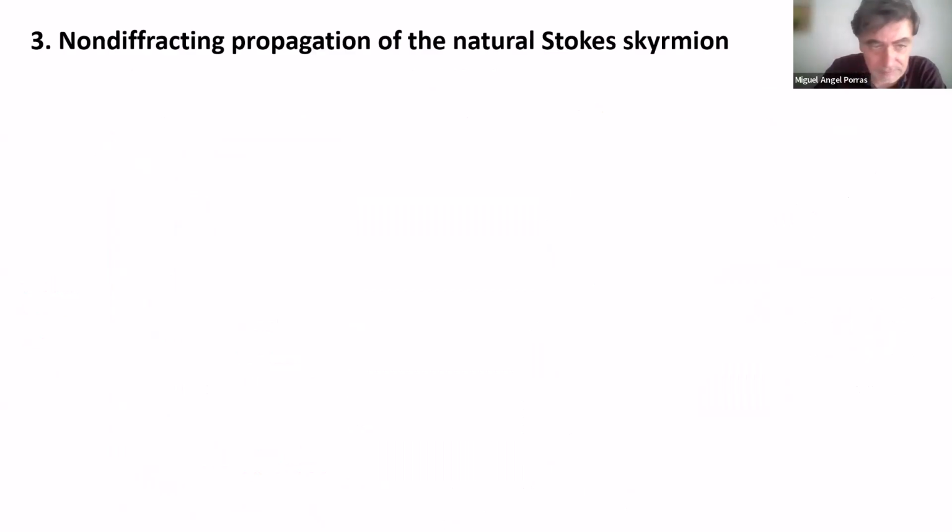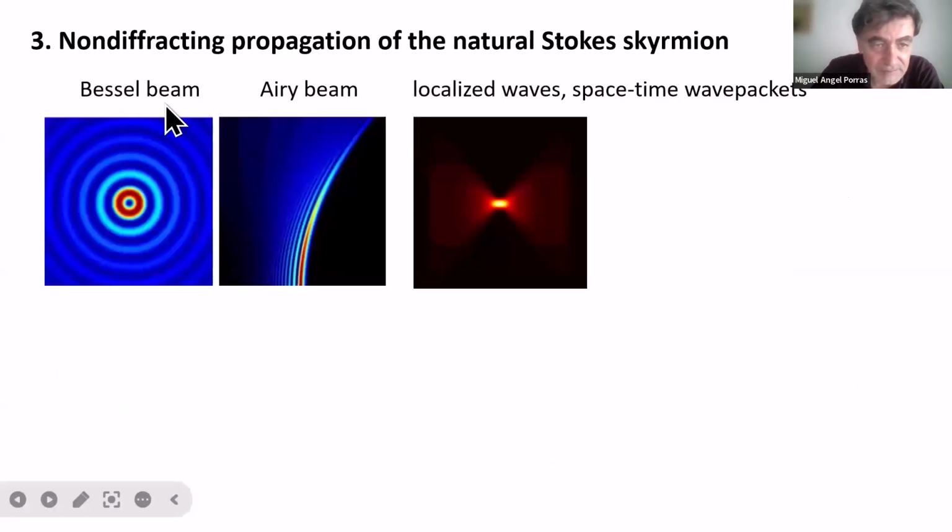So I recall briefly that other non-diffracting beam structures exist, for example, Bessel beams, Airy beams, and there are polychromatic generalizations, sometimes named localized waves, space-time wave packets, more recently traveling at different group velocities from 0 to infinity and so on, and even negative group velocities.